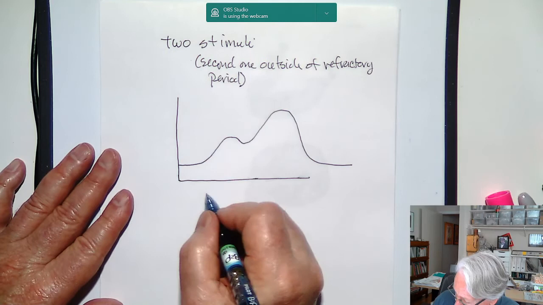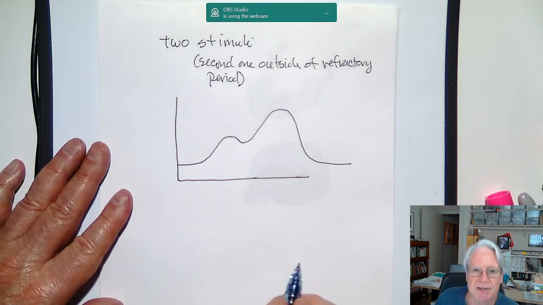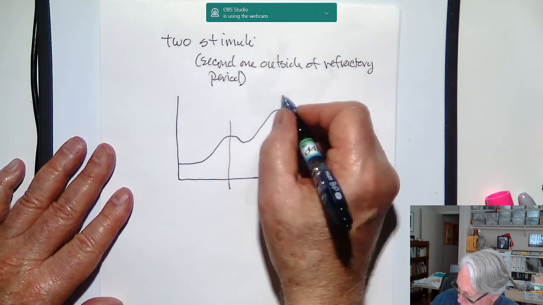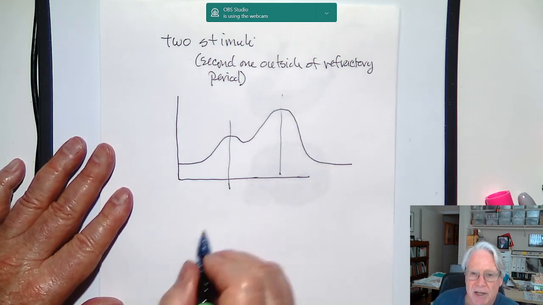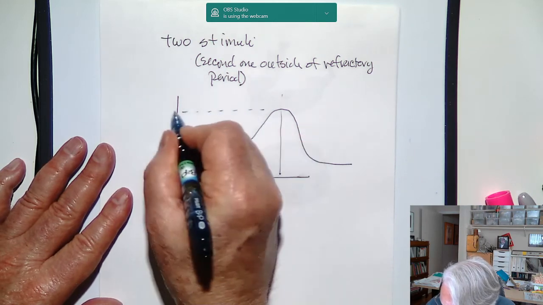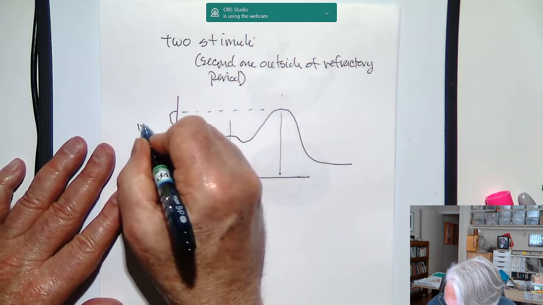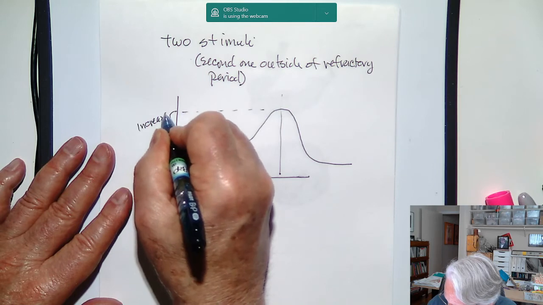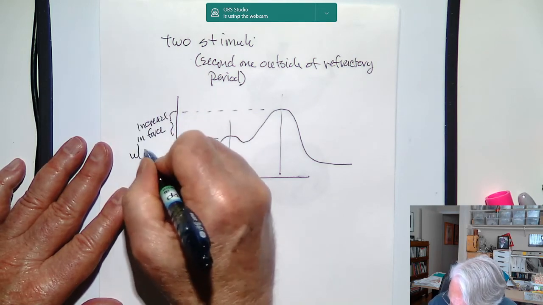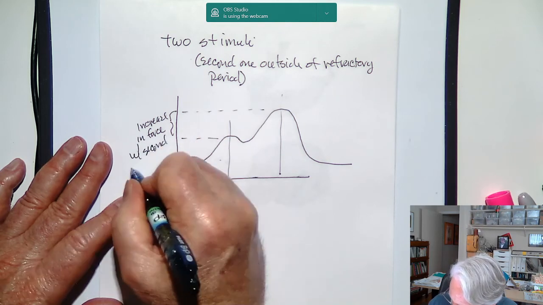Okay. So I get two stimuli, and I get this kind of graph. So here's my first stimulus. There's the effect of the second. So I'm getting this increase in force with the second stimulus.